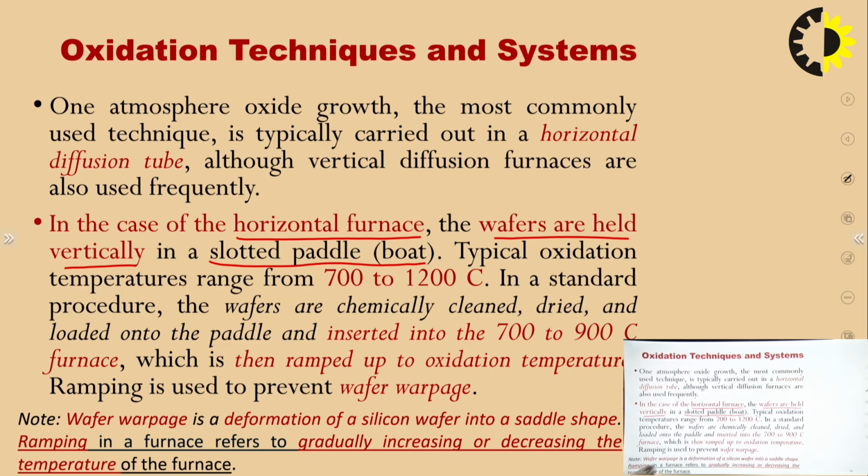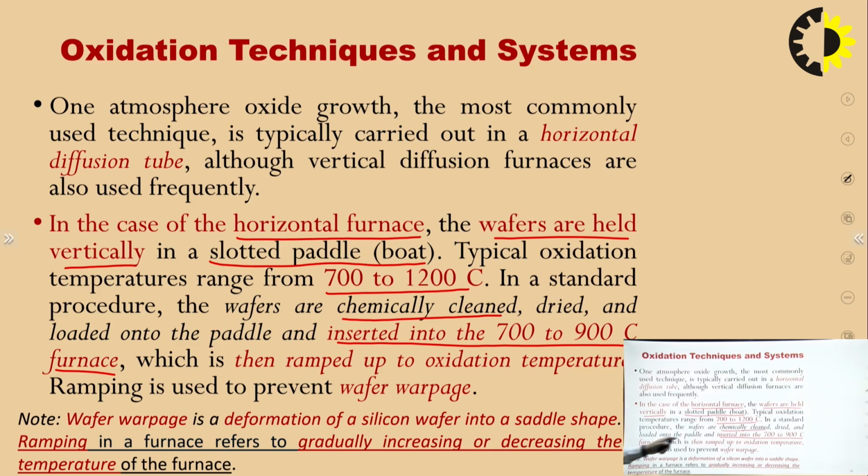Typical temperatures range from 700 to 1200 degrees centigrade. The wafers are chemically cleaned, dried, loaded into the paddle and inserted into the furnace at a temperature of 700 to 900 degrees centigrade.